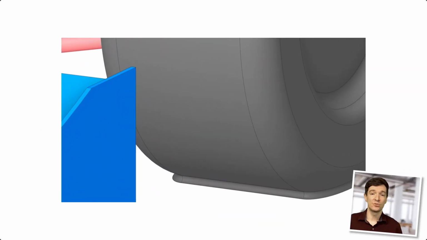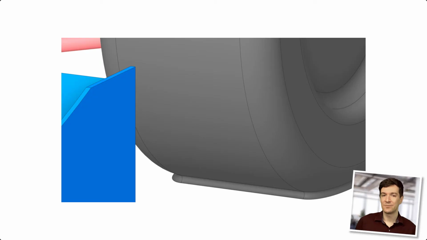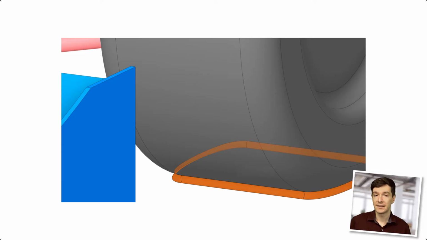If you look close to the tires, you can see that we have added a fillet in the region where the tire will touch the ground. This is a practical trick to avoid sharp angles between the tire and the ground that will lead to bad quality cells during the meshing phase.